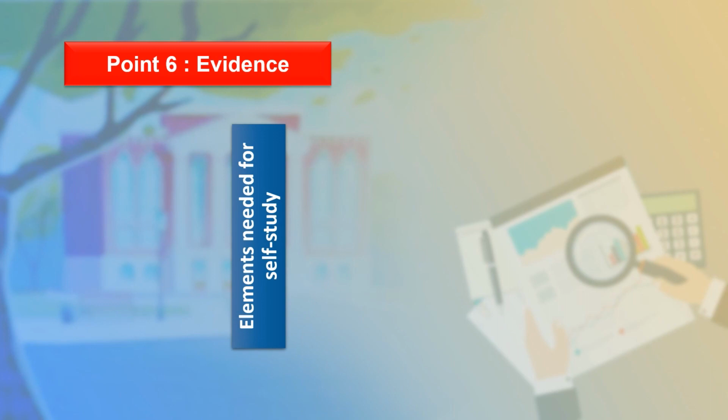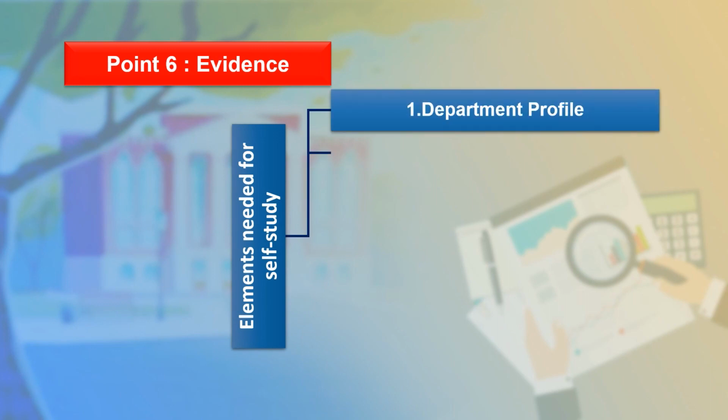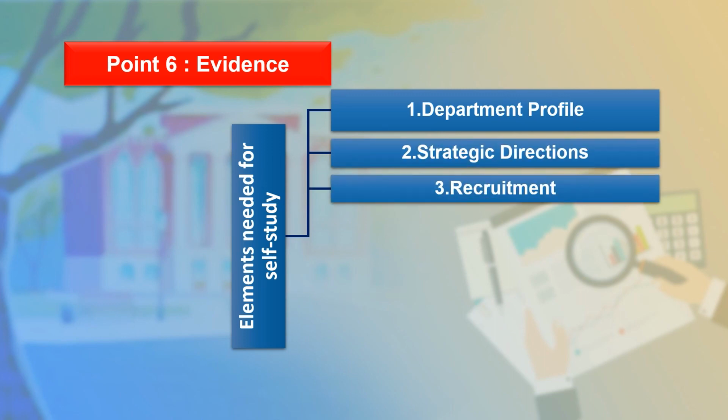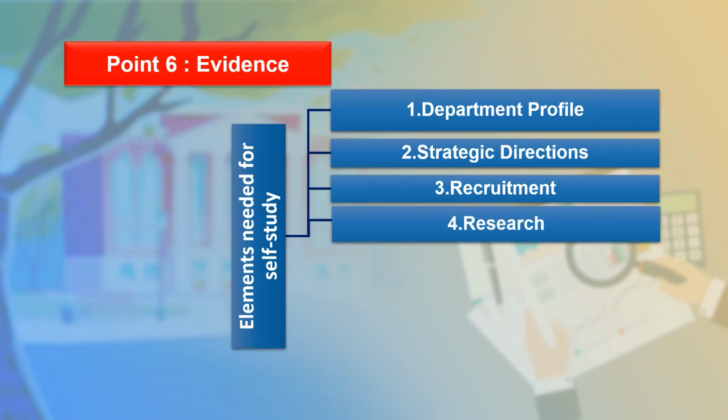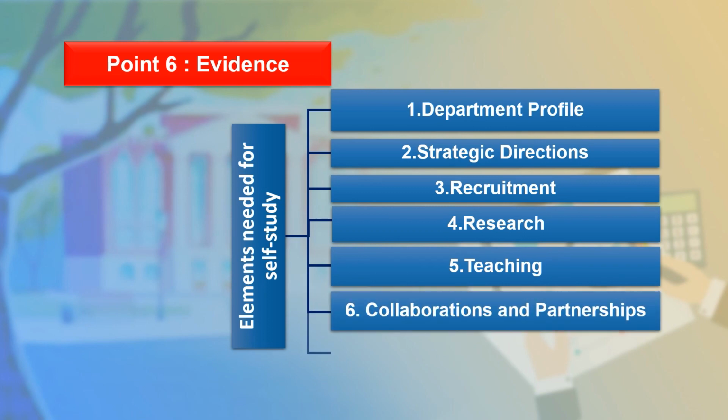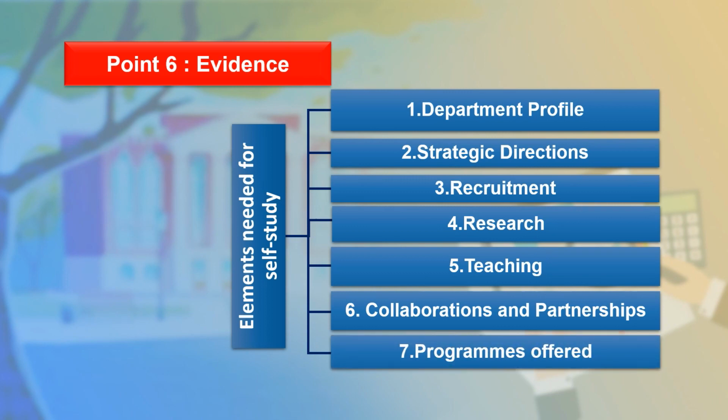Point number 6 is evidence for self-study. Several documents or information are required. Analysis will help us to enlist the requirement of the self-study. In this case, let us consider information or data needed by self-study are regarding department profile, then strategic directions, recruitment, research, teaching, collaboration and partnership and program offered.